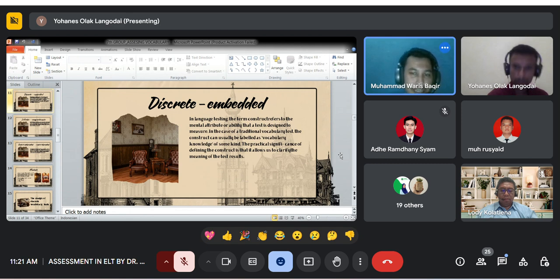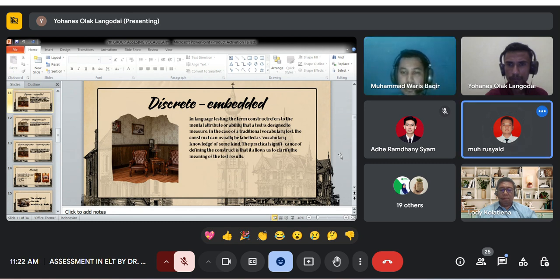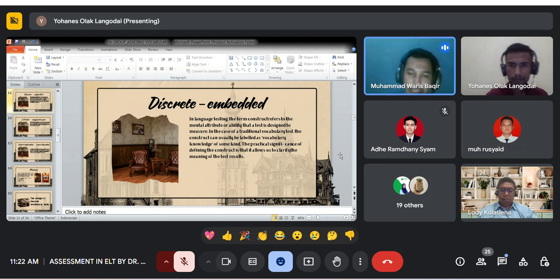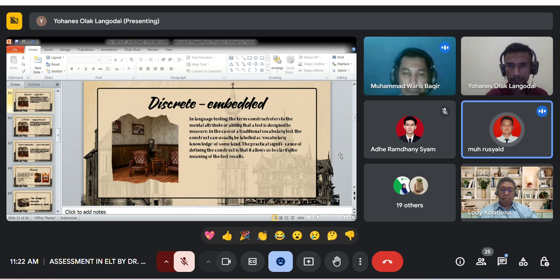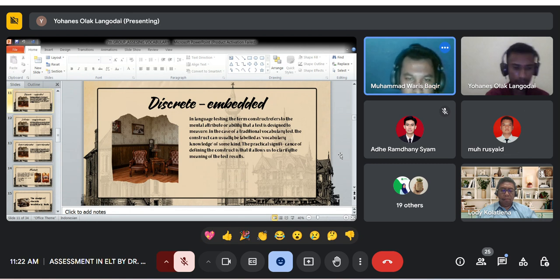In language testing, the term construct refers to the mental attribute or ability that a task is designed to measure. In the case of a traditional vocabulary test, the construct can usually be labeled as vocabulary knowledge of some kind. The practical significance of defining this construct is that it allows us to clarify the meaning of the test result.